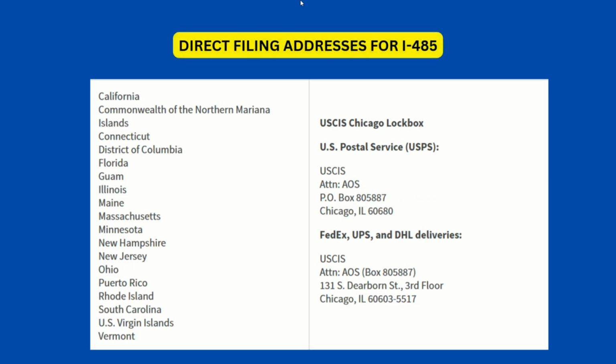You will be assigned to the USCIS Chicago lockbox if you are from the following states on the screen. So make sure to double check the mailing address depending on the delivery courier that you will be using. There's a separate PO box for USPS, and there's also another separate PO box or mailing address for other courier services such as FedEx.